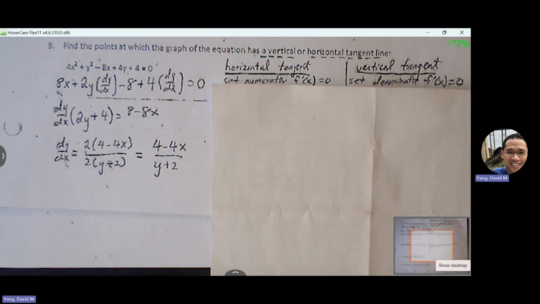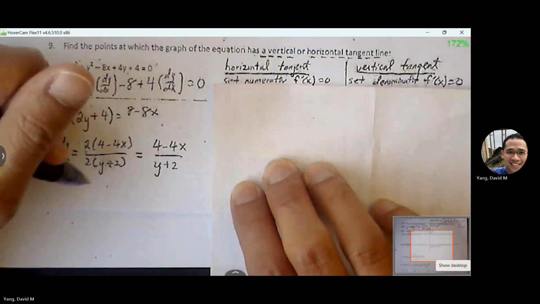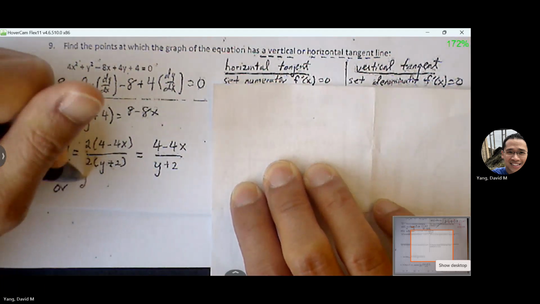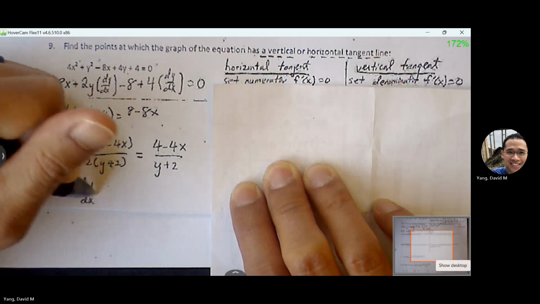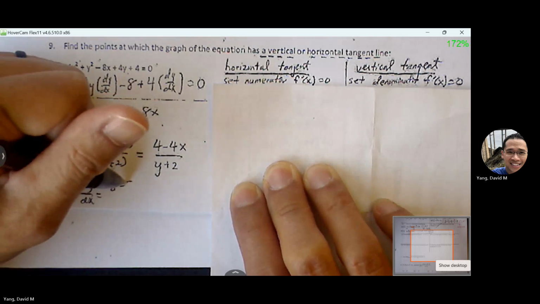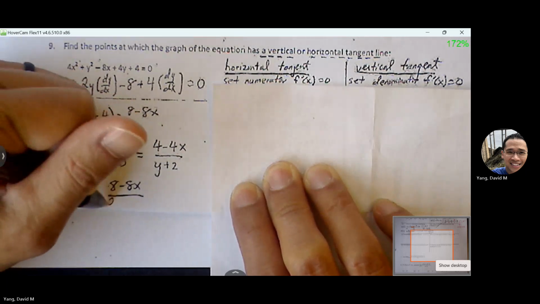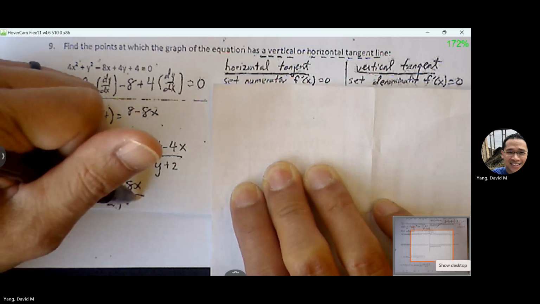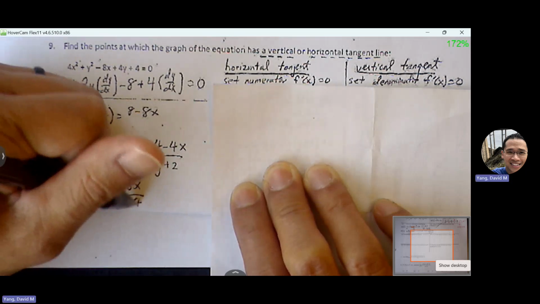If you don't reduce, the dy dx is fine. If you have it as 8 minus 8x over 2y plus 2, that's fine as well. All right, 2y plus 4.